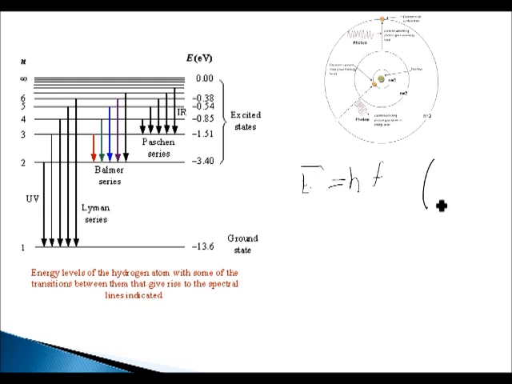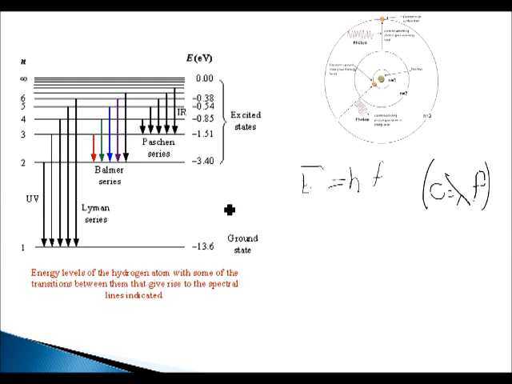For example, since this is light being emitted, we know that the speed of light is equal to lambda times the frequency. So the speed of light equals the wavelength times the frequency.